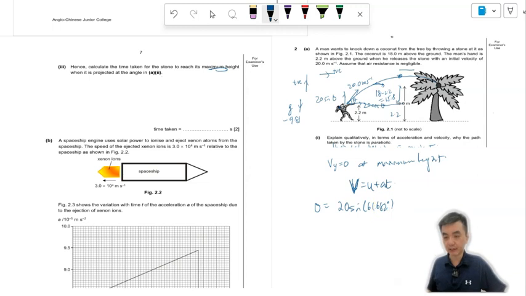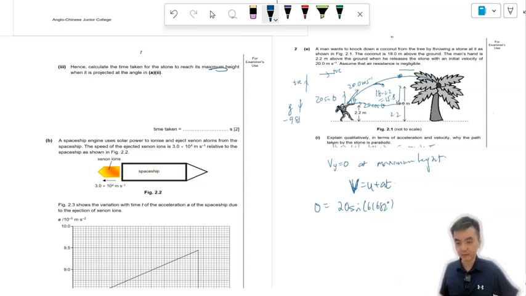Make sure you use the angle that has more decimal places so that you will not be affected by rounding error. Plus minus 9.81 t, and from there we calculate our time, and my time calculated will be 1.80 seconds.